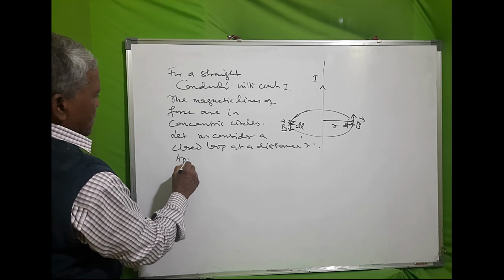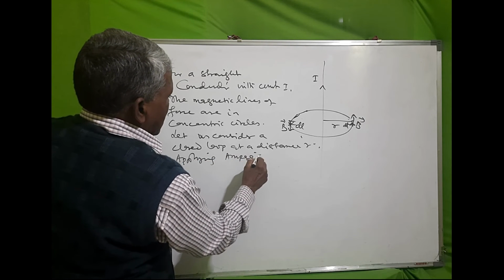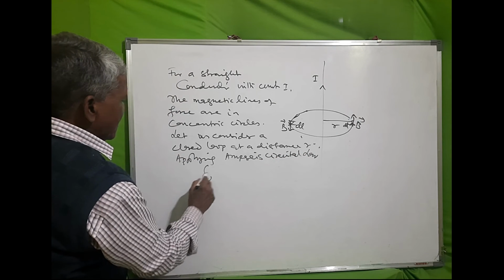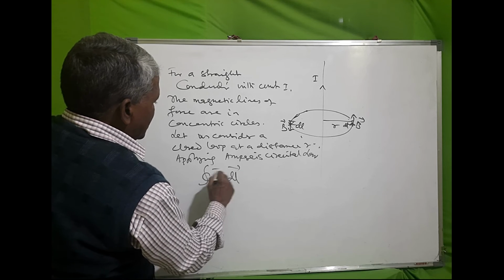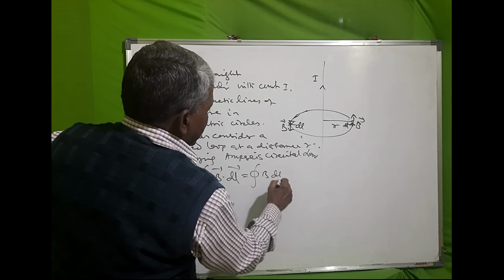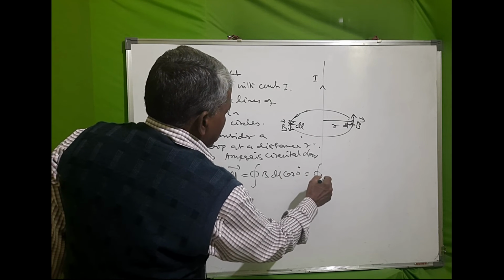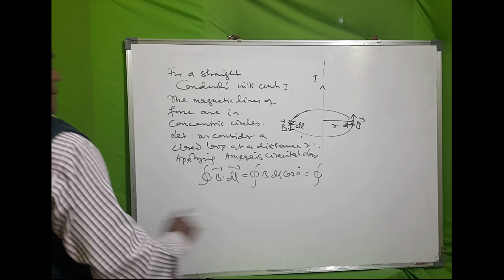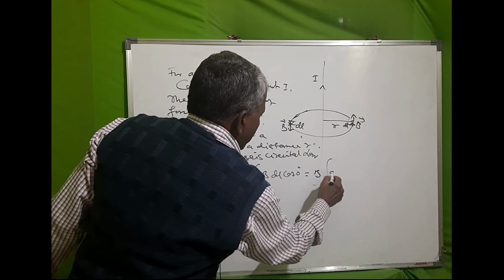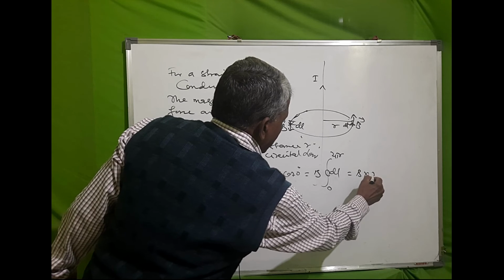Now applying Ampere's circuital law, the integration of B dot dl is equal to the integration of B dl cos 0, which is equal to B into dl with limit 0 to 2 pi r, that is B into 2 pi r.